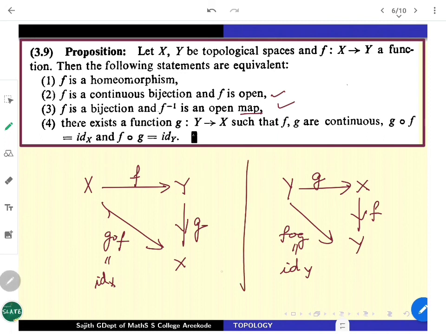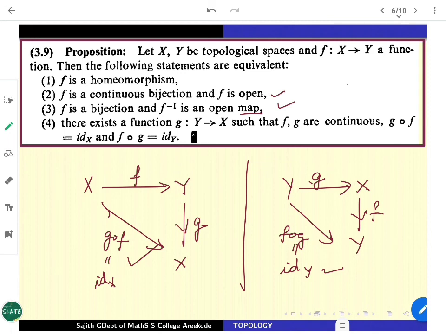Whenever you say there exists a g such that g dot f is identity on x and f dot g is identity on y, it ensures that the function is both one-one as well as onto. That is a theoretical exercise. So it's going to be a bijection.